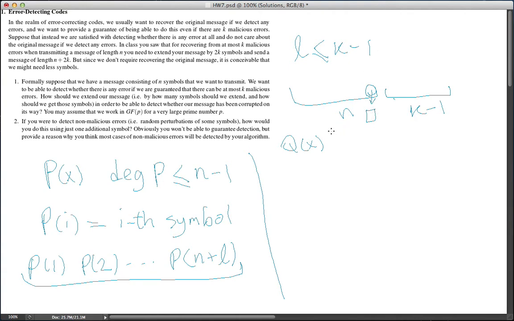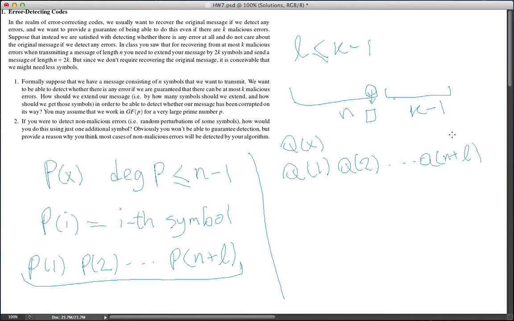And then this guy is going to be able to extend this corrupted message by k minus 1 symbols. So he's going to be able to figure out what q of 1, q of 2, up to q of n plus L are, right?